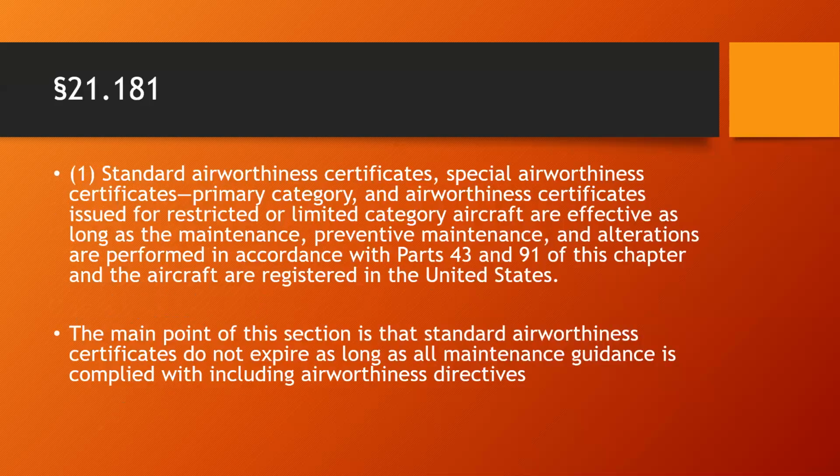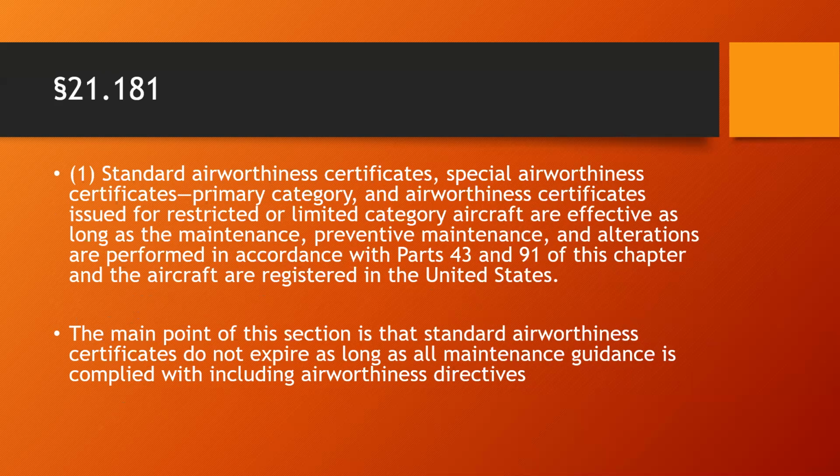All right, move on from Section 1. Now we're going to talk about Section 21.181. This section talks about standard airworthiness and different types of airworthiness categories. This is probably going to be referenced in some sort of question about how long a standard airworthiness certificate is, or what a standard airworthiness certificate is.